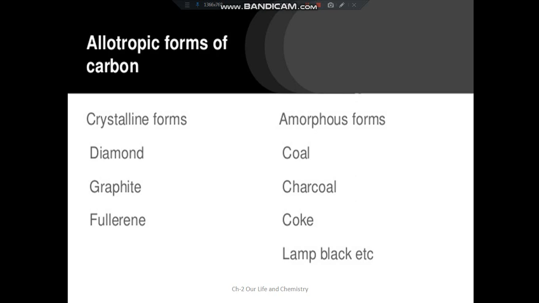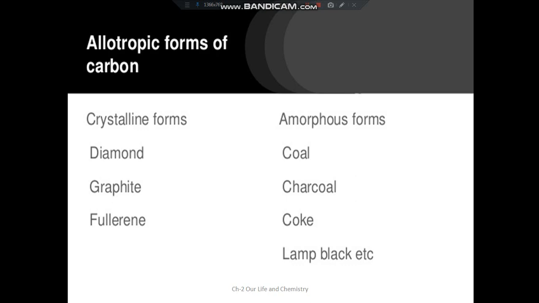Okay, so to understand this phenomenon better, I gave you the example of diamond and coal. Very common examples, because even if we have not seen them exactly, we have seen the picture of diamond, and we have seen coal in our daily life. Diamond is a transparent, glittery jewelry stone, very precious, the hardest substance of the earth.